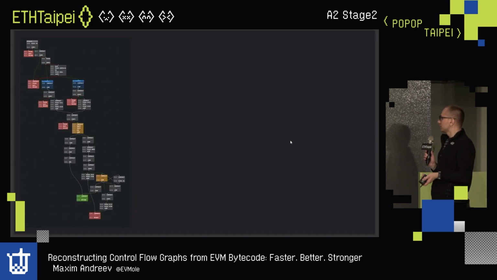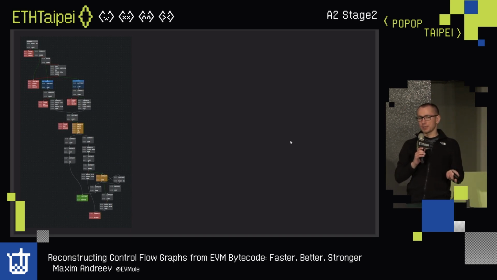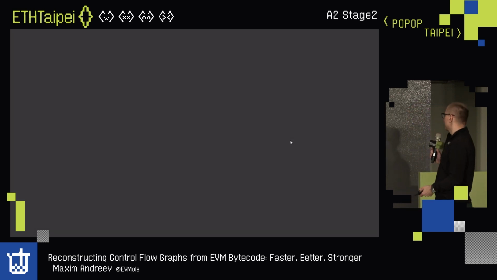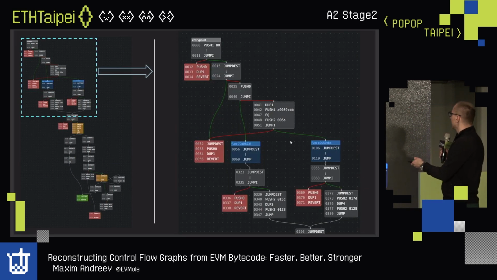If we take a graph of these basic blocks connected, for the program from the first slide, we can see this one. And if we zoom into some part of it, we can see some blocks which we can read. As you already remember, the first instruction is usually PUSH1 0x80, and at offset 11 we have a conditional jump, and we can take the false branch or the true branch, and so on.